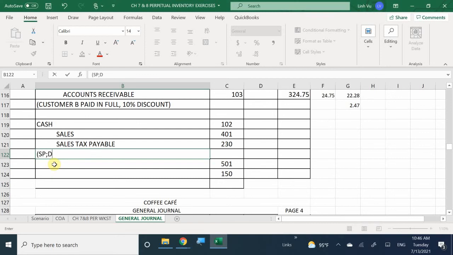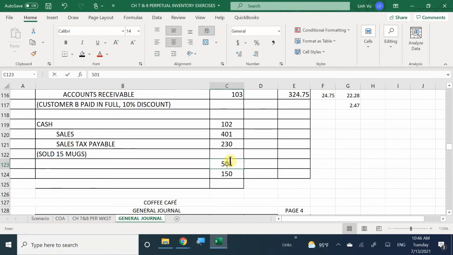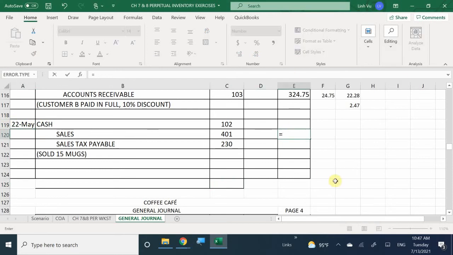Okay. So here, how many items did we sell? We sold 15 mugs. So if I sold 15 mugs, what is going to be my total sales? $150. 15 times 10, 150. Good.